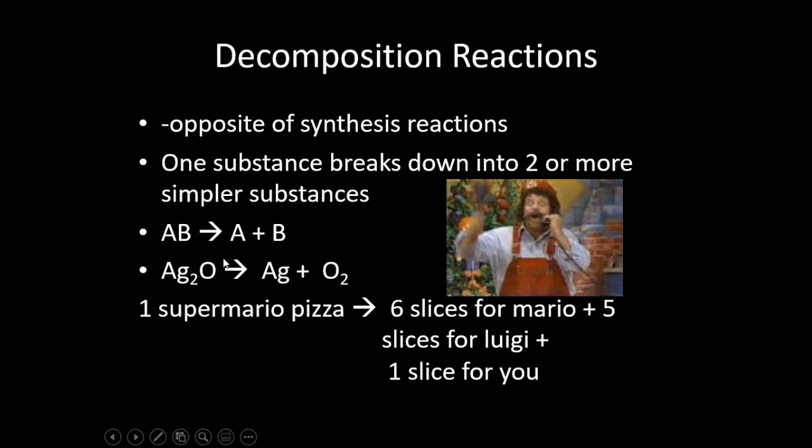So again, we had this larger compound, 1 big, and it broke down into 2 smaller either compounds or elements. And sometimes you can actually have it break down into more than 2, 3, sometimes even 4. So this would again be, you have the Super Mario pizza, and you get 6 slices for Mario, 5 for Luigi, and you get 1 slice. So this is decomposition.